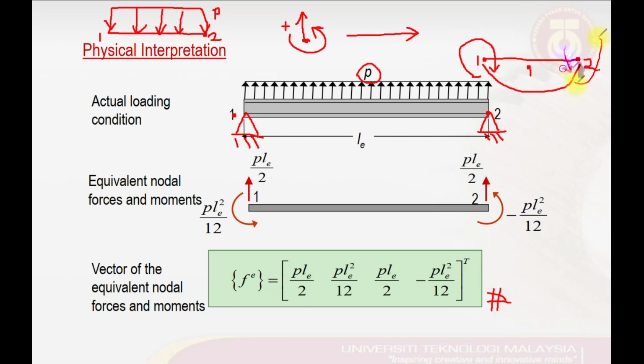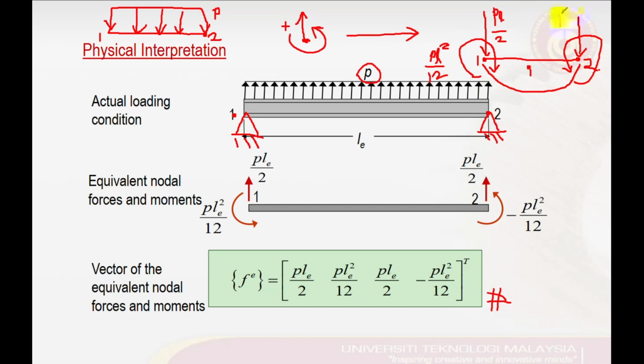And since we have this uniform distributed load pointing downwards, we can replace it with a point load pointing downward as well at both node 1 and node 2, with magnitude PL over 2, and then we have PL square over 12 for the moment.